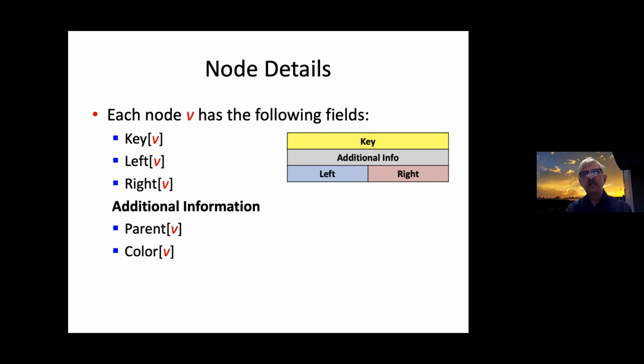Typically in many data structures, you might have a pointer to the parent of the node V, and you may have additional information, things like color, the weight of the node. Depending on what it is that you're storing there, you might want to store all sorts of additional information in each of the nodes of the tree. Any questions so far?